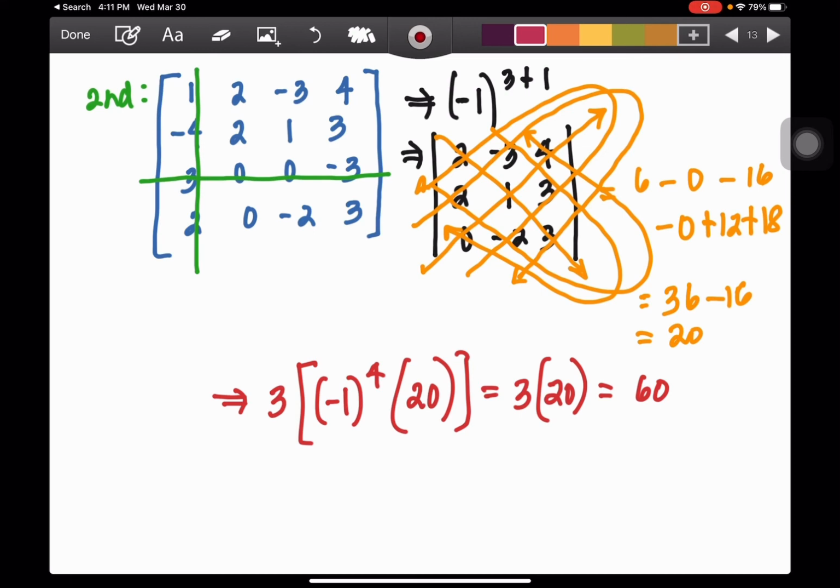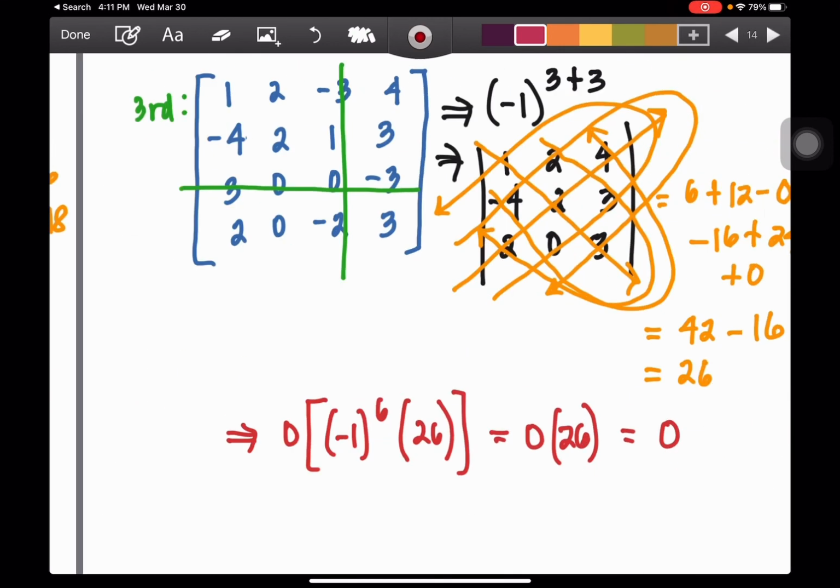So I'll go back to column 1. So 3 plus 1 is equal to 4, and then the determinant of the matrix 2, negative 3, 4, 2, 1, 3, 0, negative 2, 3 is equal to 20. And so, negative 1 raised to an even number is equal to positive 1. And so you have 1 times 20, which is 20, times 3 is equal to 60.